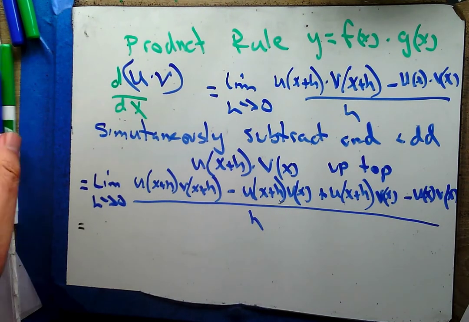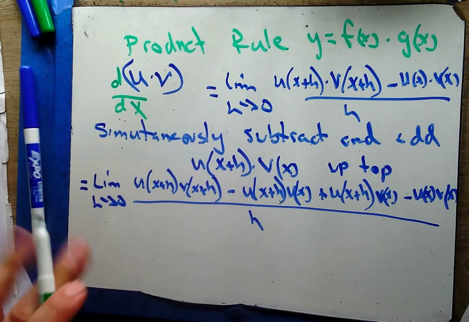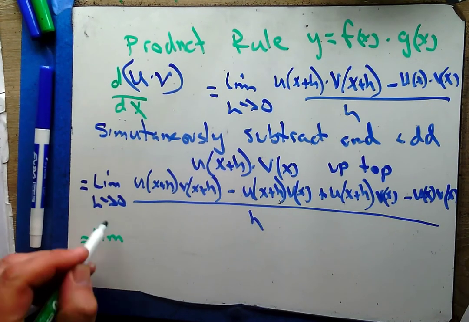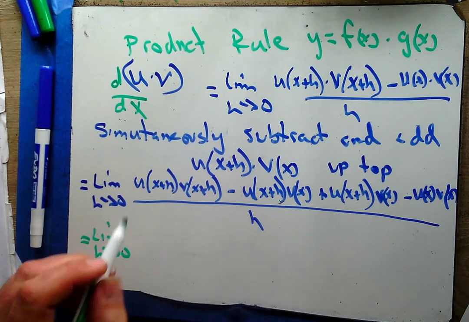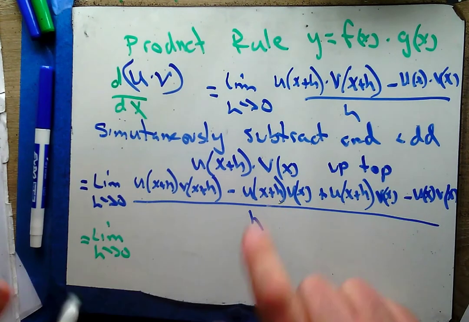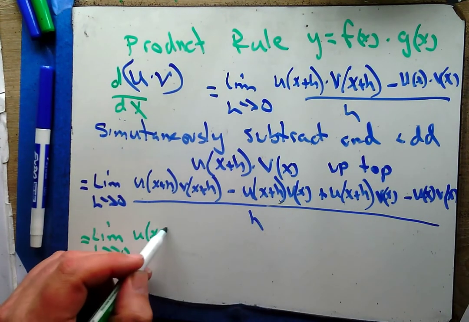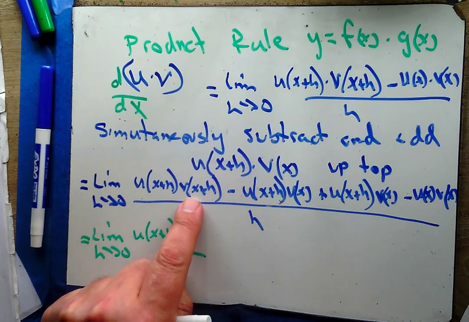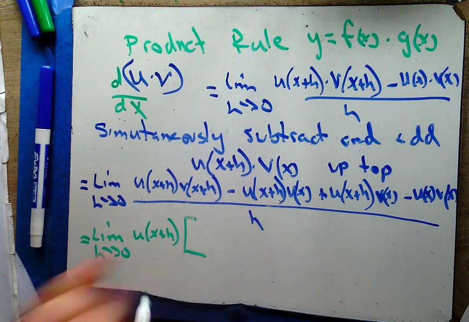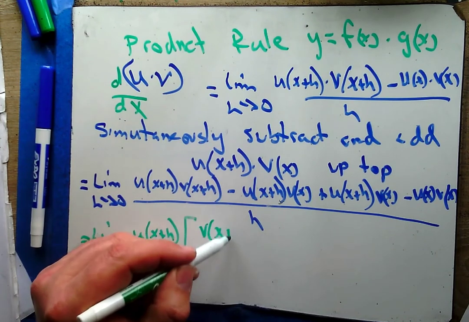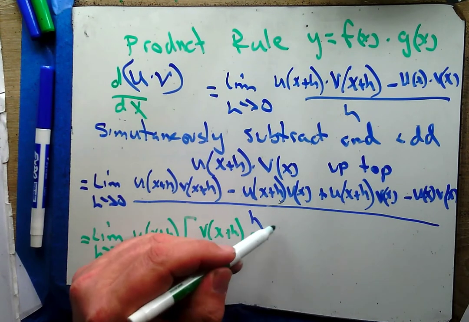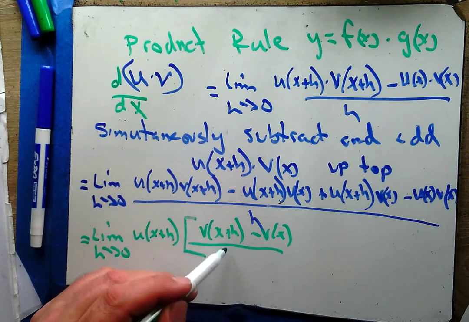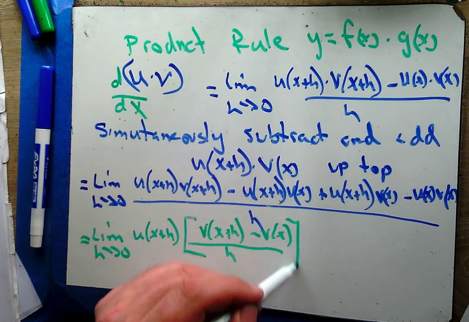Then I'm going to have the limit as h heads to 0, and I notice I can factor out a u of x plus h from both of those. And what will I be left with? I'll be left with this minus this. That's v of x plus h minus v of x all over h. Okay?